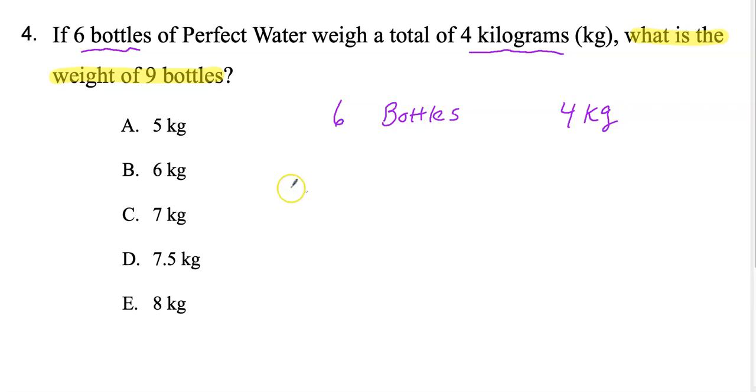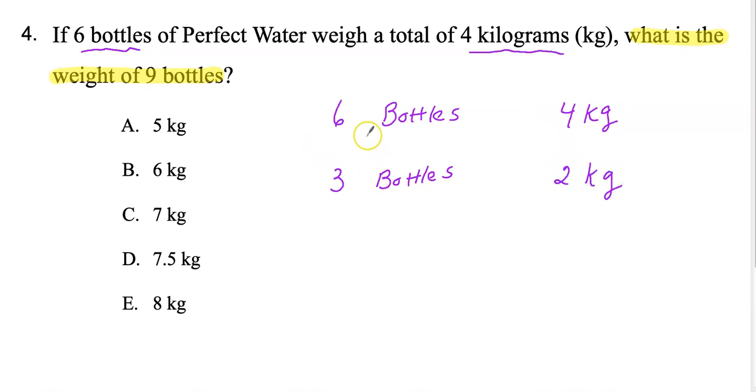Now, what would 3 bottles weigh? If 6 bottles weigh 4 kilograms, I want to know the weight of 3 bottles. Well, 3 is half of 6. So let's take half of 4. That's 2 kilograms.